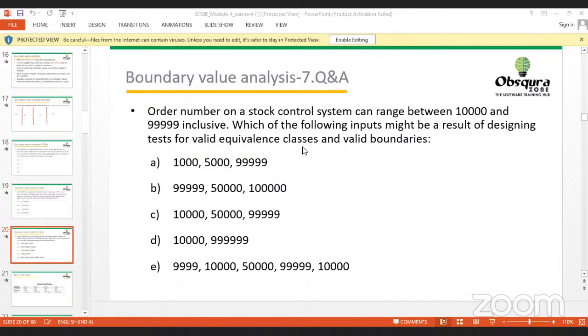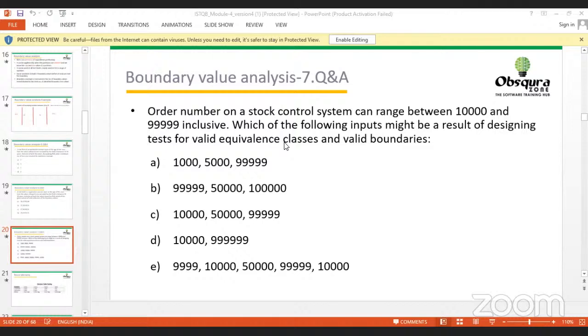Now valid equivalence classes. Any value that is less than 10,000 and any value that is outside this 5 nines will be considered as invalid equivalence classes, right? So we can consider only the valid partitions, because they have mentioned valid equivalence classes.